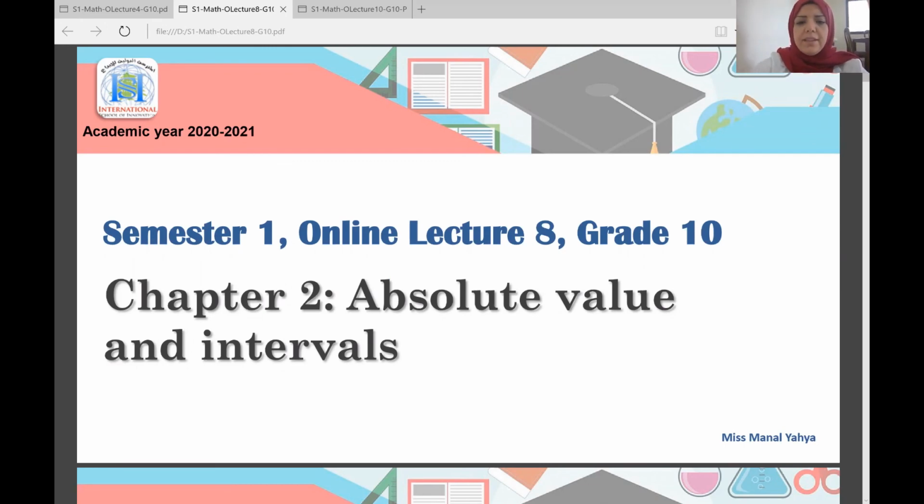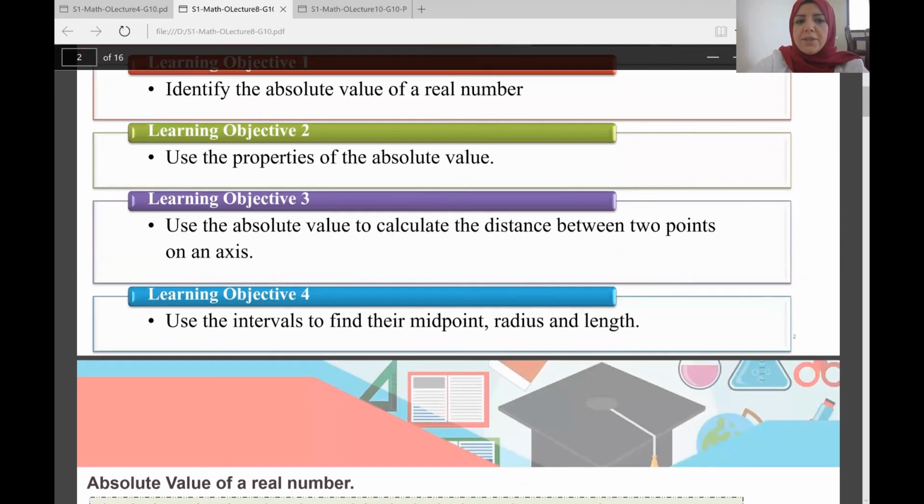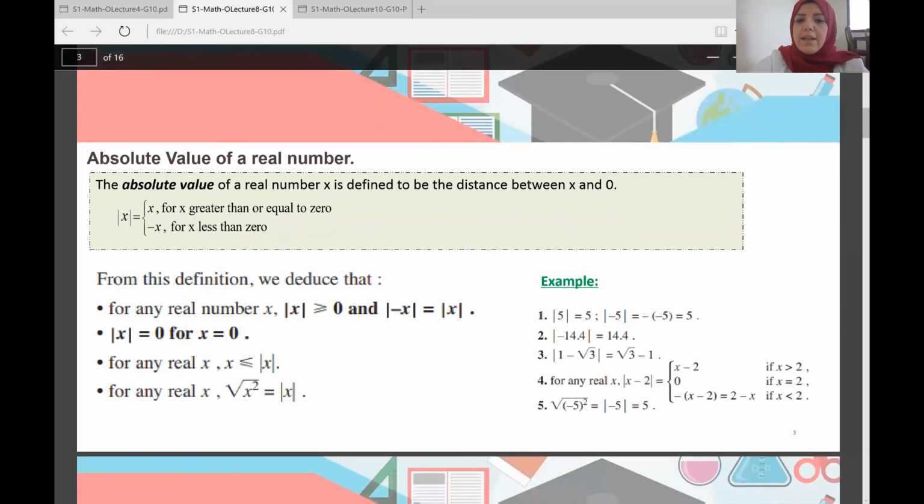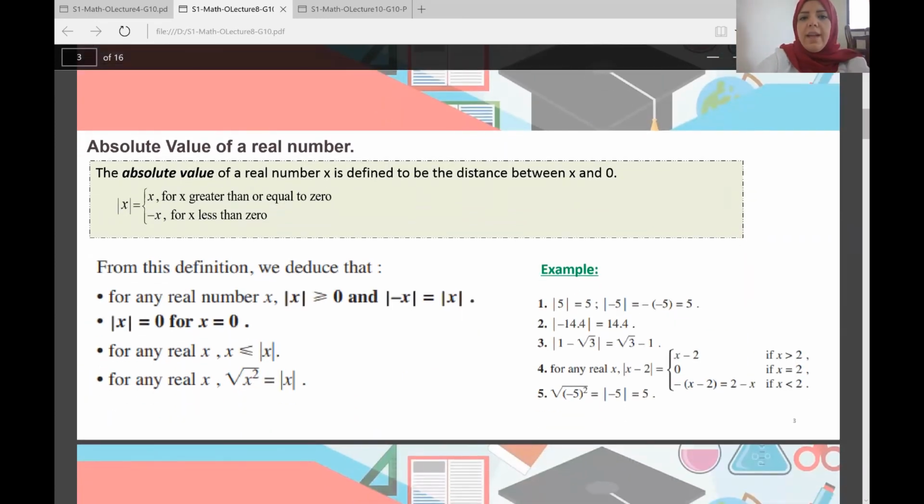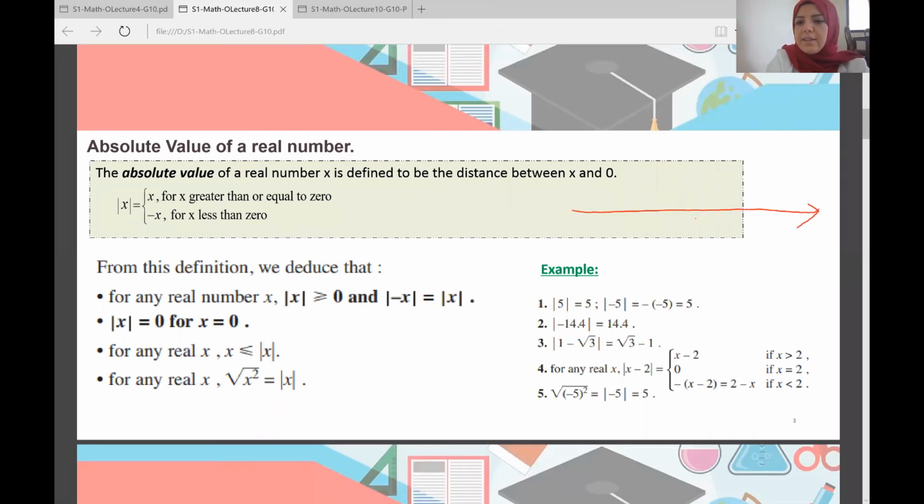So let us start first. You have to know that the absolute value is the distance between 0 and x. So suppose you have an x-axis, okay? And here you have the point 2. What's the distance from 0 to 2? It's 2 digits or 2 centimeters or 2 divisions, whatever you have. And what's the distance from 0 to minus 2?